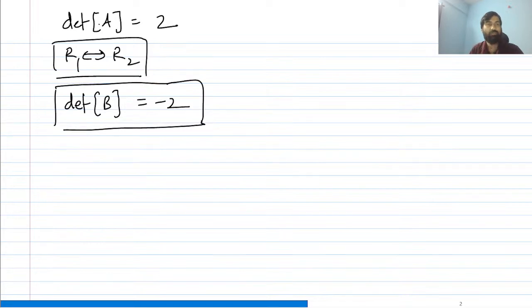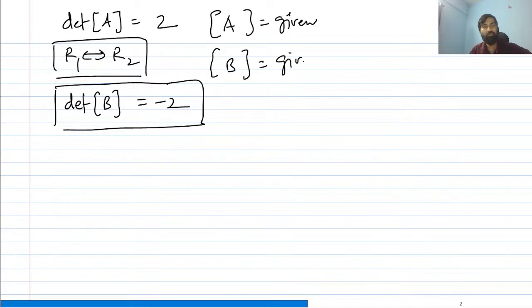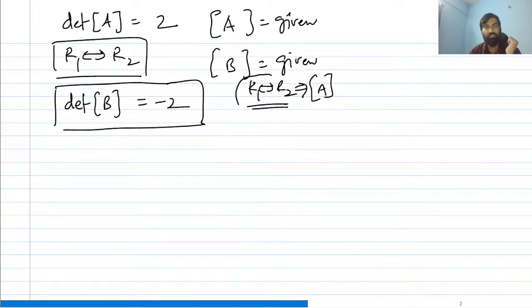Understand? Suppose matrix A is given and matrix B is given, but there is an R1 and R2 situation. Matrix B is equal to matrix A where this operation has been done.